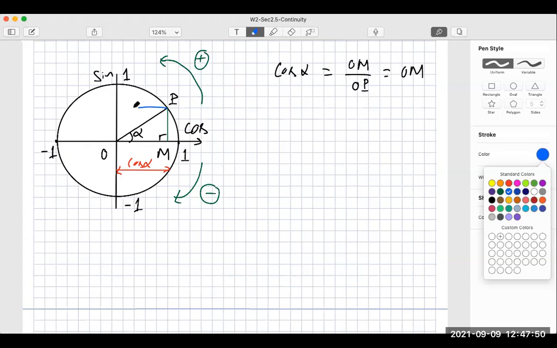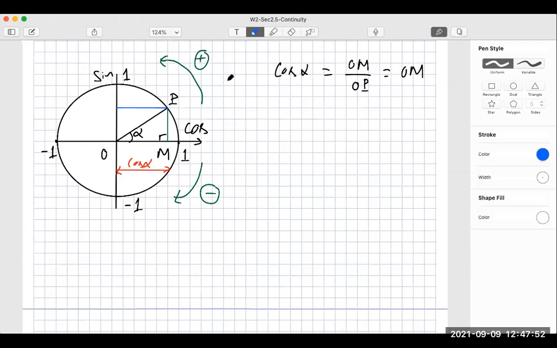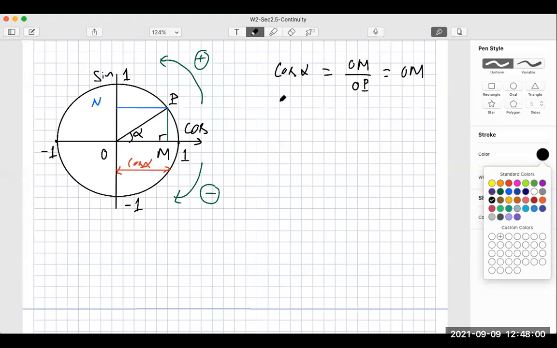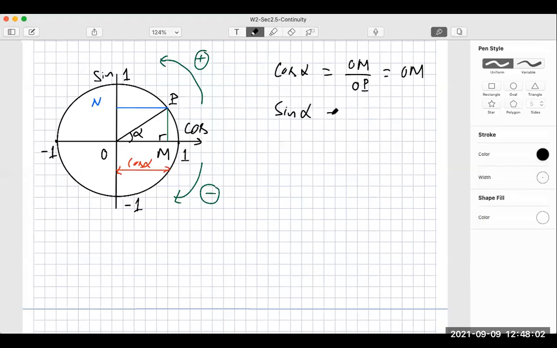Another review, right? If we call this point N here, then the distance from O to N, what is it? Yes. Very good. Sine, it will be PM divided by OP, which is MP.